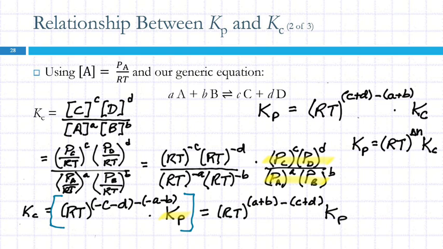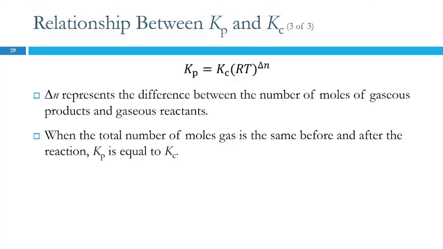Any questions? So that looks a lot nicer than all the scribbling. But that's where it came from. So delta N is the difference between the number of moles in the products and the reactants.